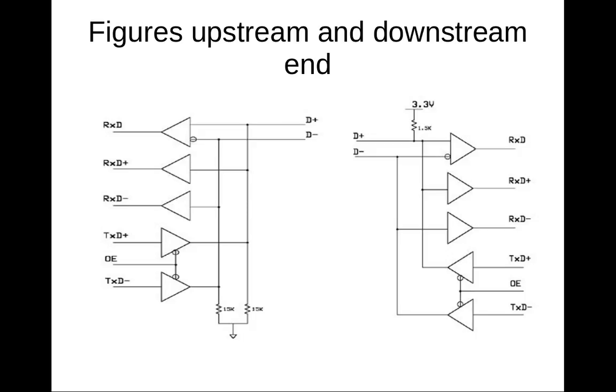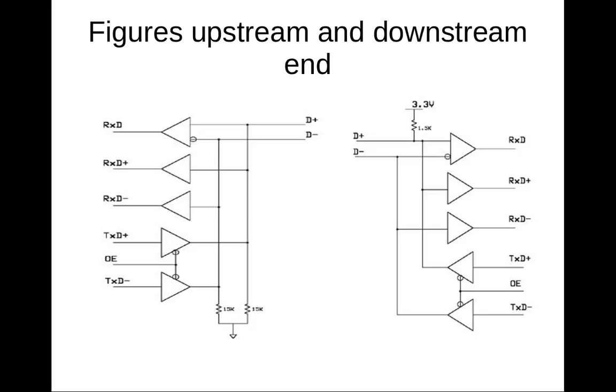So here's a figure. Towards the left hand side you can see it's upstream. It has two pull-up resistors of 15K. So what happens is when there is nothing going on on the USB port, this 15K helps the transceiver not to send signal into it.